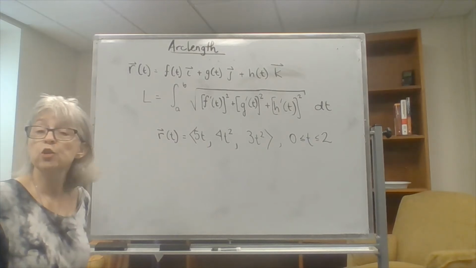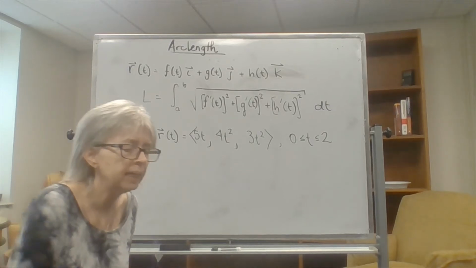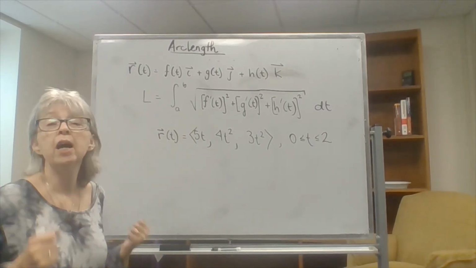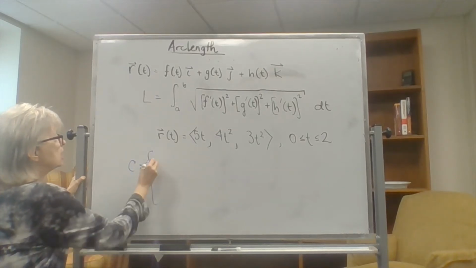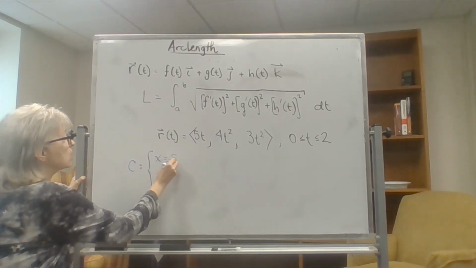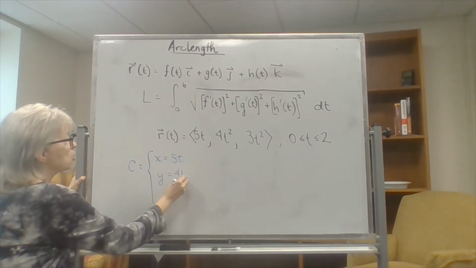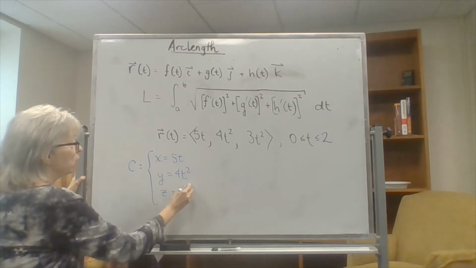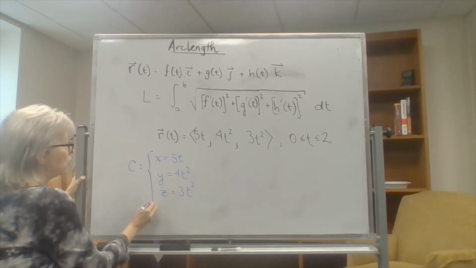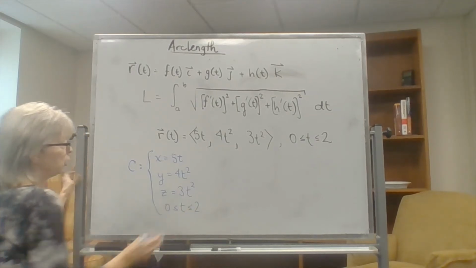Now you notice I chose to use the bracket notation just because I haven't used it much of late. And I want to show you one other thing. It might be presented to you as saying, oh, x is 5t, y is 4t squared, and z is 3t squared, and t ranges from 0 to 2.